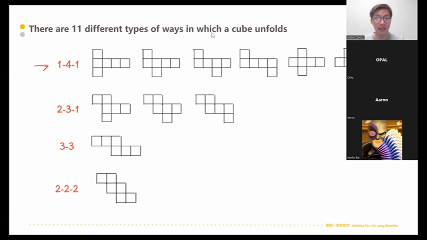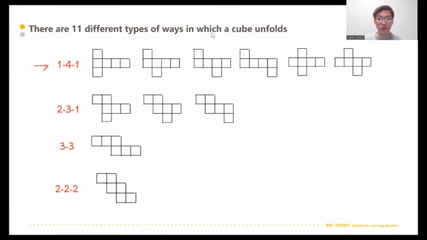However, there are actually other types of nets that we can transform, okay? So today, we're going to focus more on how to transform the 2-3-1 type, the 3-3 type, and the 2-2-2 type, okay? Today is going to be a little bit more complicated than last time, but it's still going to use some of the same skills, okay? So I hope everybody was paying attention last time, and today we're going to look at how we're going to use some different skills to transform our nets.